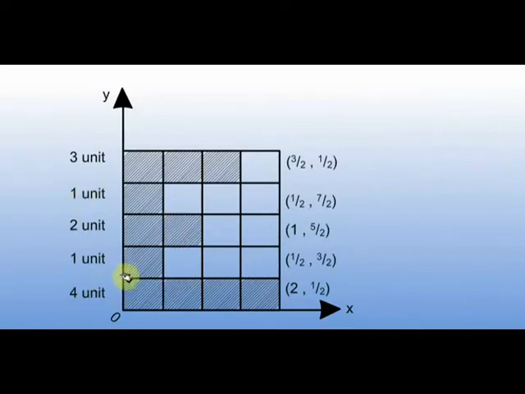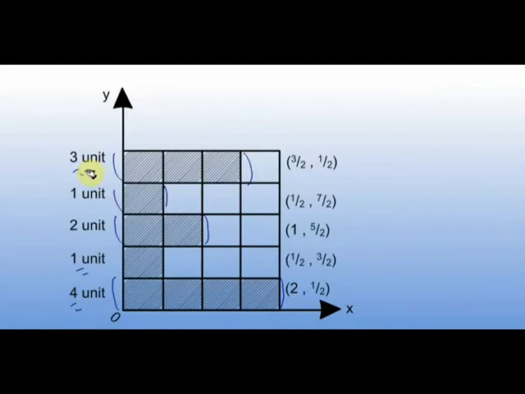So we'll divide the shaded region into 5 parts. We take these 4 squares of mass 4 unit separately, and this 1 square of mass 1 unit separately. Similarly, we have these 2 squares of mass 2 unit, this square of mass 1 unit, and these 3 squares of mass 3 unit.